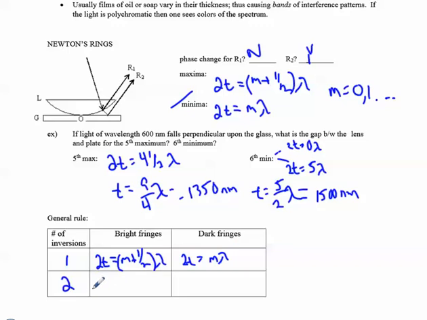When you have 2 inversions, that's our normal situation, so we get what we'd expect: bright spots when 2t equals m lambda, and dark when 2t equals (m plus 1/2) lambda. And let's not forget the n. It's easy to overlook that, whatever the index of refraction is of that film. Okay, so this concludes our introduction to thin film interference.